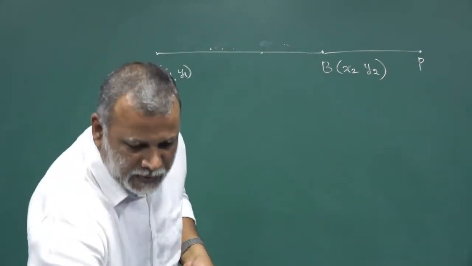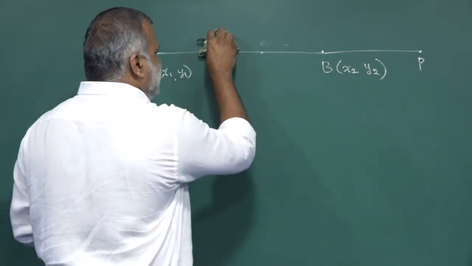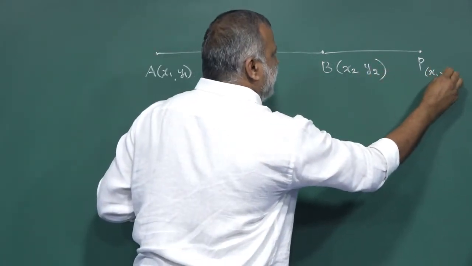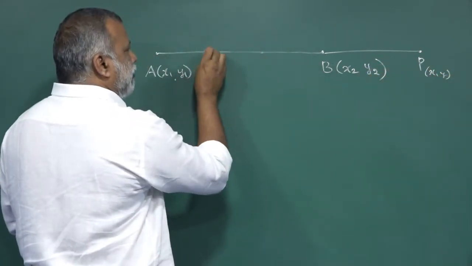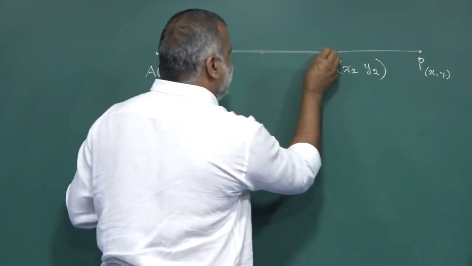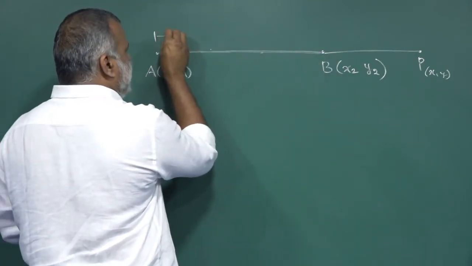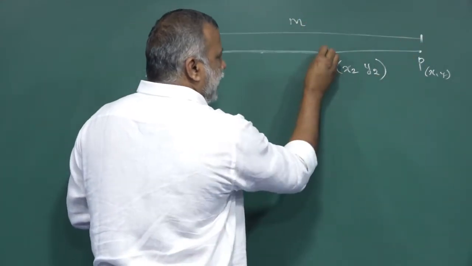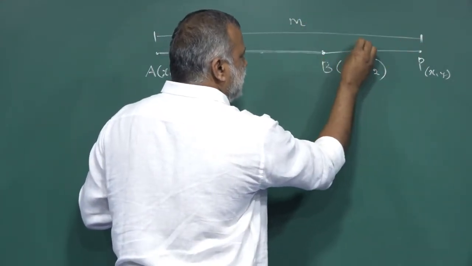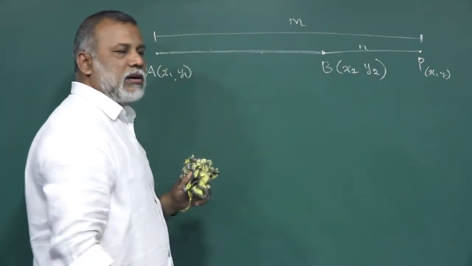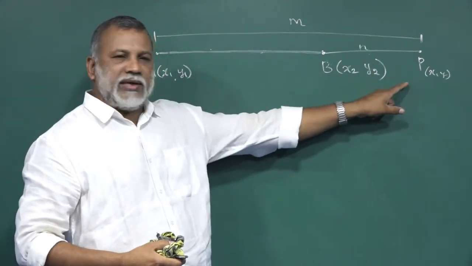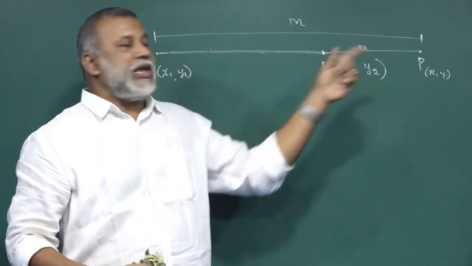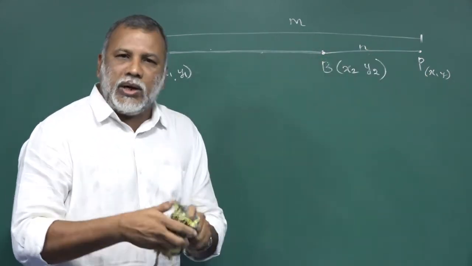Now P divides the line segment AB externally in the ratio. So select P of x, y. What is the meaning of m is to n here? From A to P, that is m, then B to P, this distance, n. So the point P of x, y divides the line segment AB externally in the ratio m is to n.